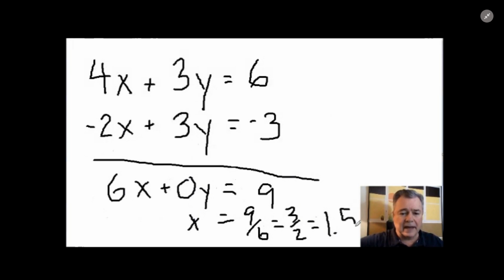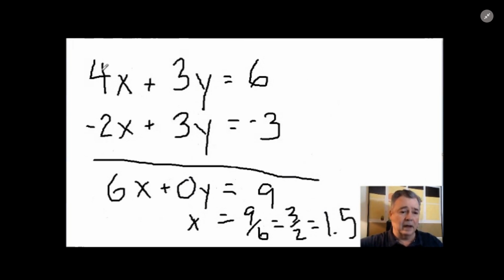Now, in the next step, we're going to use this number 1.5 by plugging it into either equation, and that will reveal the value of y. For example, 4 times 1.5 is going to be 6.